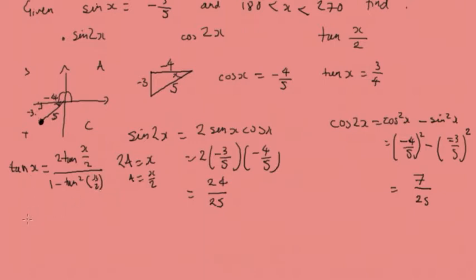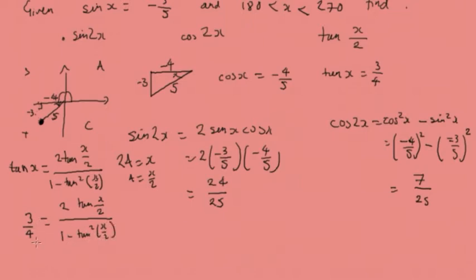And we know that tan x is 3 over 4, so that gives us 2 tan x over 2 over 1 minus tan squared x over 2.